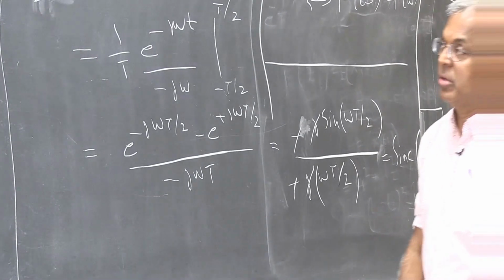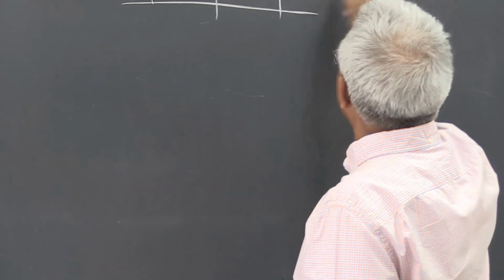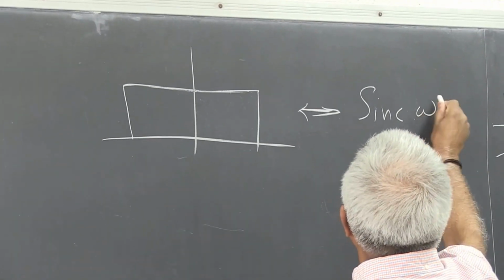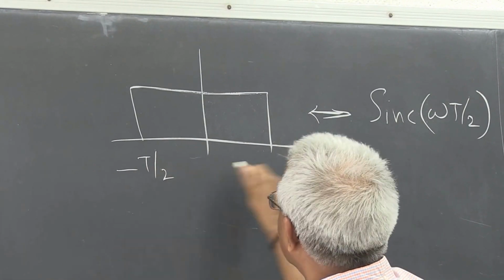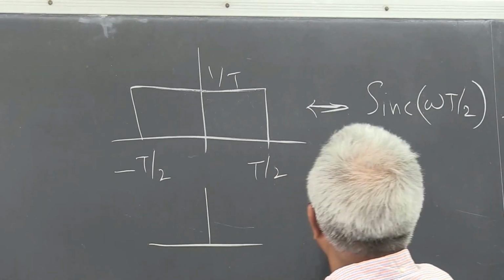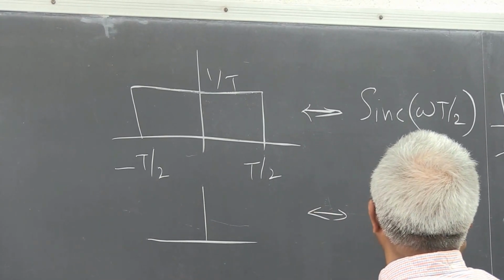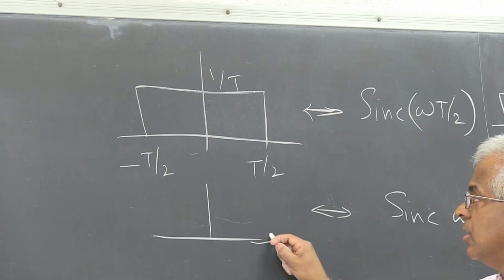So let me draw a picture here. If I want sinc omega, what would be the pulse here in time domain?